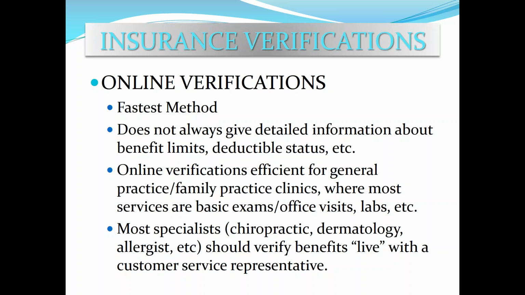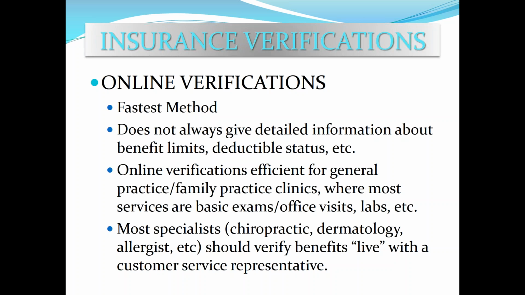The problem with online verifications is that it doesn't always give you detailed information about certain benefit limits, the deductible status, and so on and so forth. So for example, if you are doing billing for a chiropractic office and you go online to check benefits and you try to pull up chiropractic benefits, it may give you some general information such as that yes, the policy does cover chiropractic care, but they only cover 15 visits per calendar year, and that's fine to know.